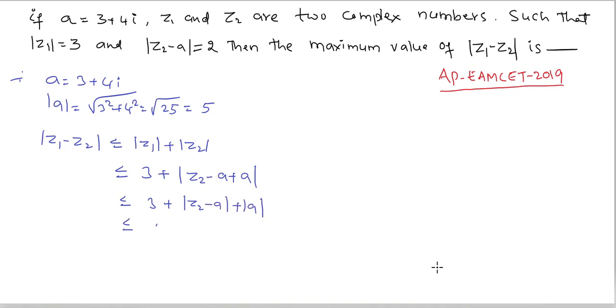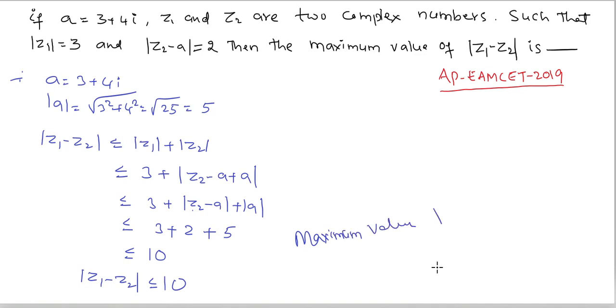So this is less than or equal to 3 plus mod z2 minus a, whose value is 2, plus mod a, whose value is 5, which is less than or equal to 10. So modulus of z1 minus z2 is less than or equal to 10, therefore the maximum value of mod z1 minus z2 is 10.